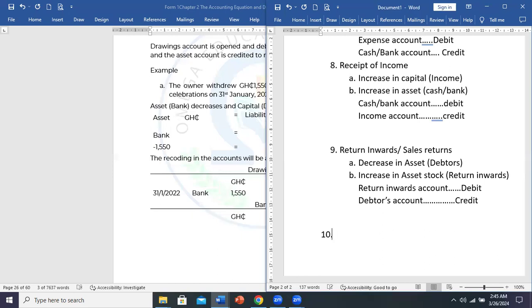Return outwards. So for return outwards, this time it is the business returning goods to the suppliers or creditors. So we saw that it is going to lead to decrease in asset stock, which is in the form of return outwards. And there's also going to be a corresponding decrease in liability, which is the creditors balance will decrease.